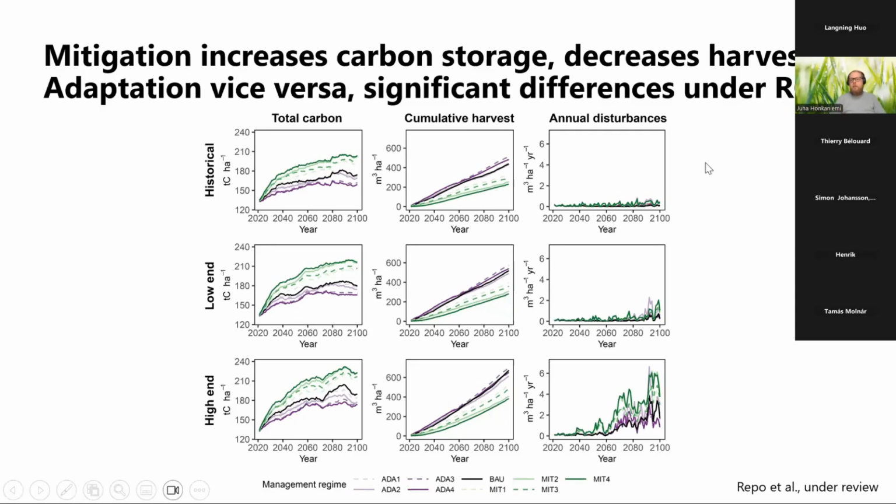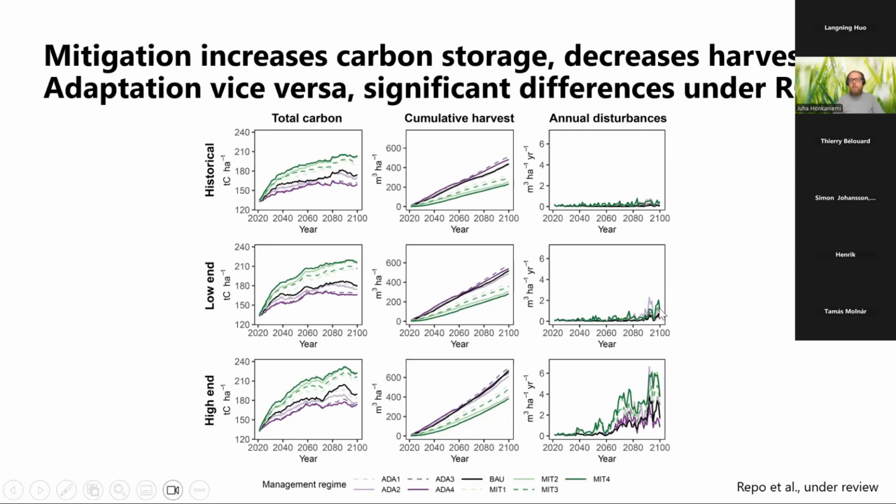And then if we look at the annual disturbances, how much different management regimes are affecting the disturbances, we don't see much difference under historic climate or low-end climate.